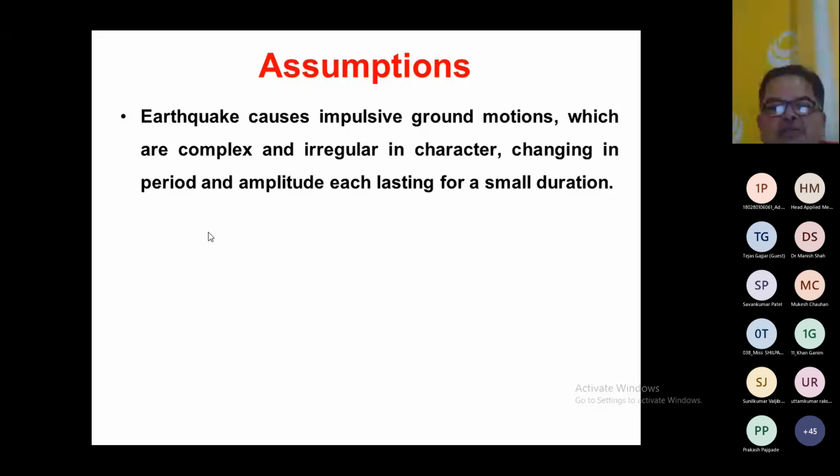Now, when we talk about our structures, the structure has a definite frequency because we constructed it. Once construction is over, its stiffness is fixed, its mass is fixed. So if stiffness and mass are fixed, then the natural frequency and natural period of the constructed building are well defined. Now the earthquake comes with different frequencies, 3 hertz, then 10 hertz, and 20 hertz, and these keep on changing during the shaking.